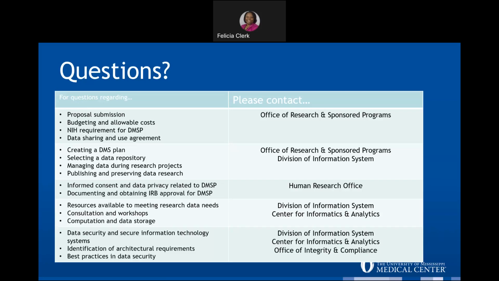Any data security and secure information technology systems, identification of architectural requirements, and best practices in data security will be a collaborative effort between DIS, CIA, and the Office of Integrity and Compliance.